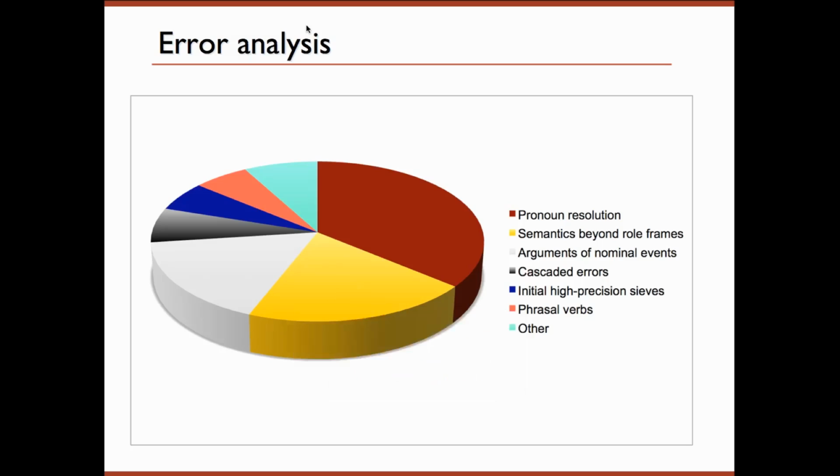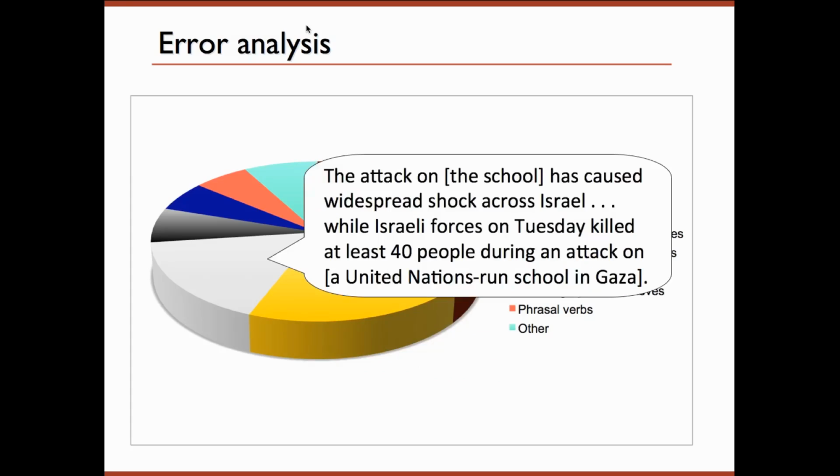One limitation of my semantic role labeling system is that it does not do arguments of nominal predicates, right? There are a lot of nominalized verbs in language, like attack here.